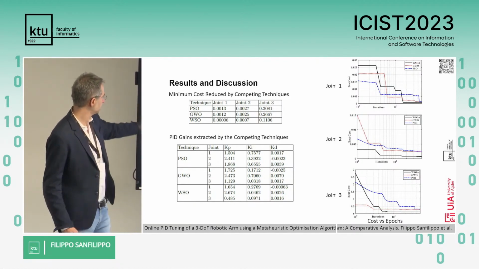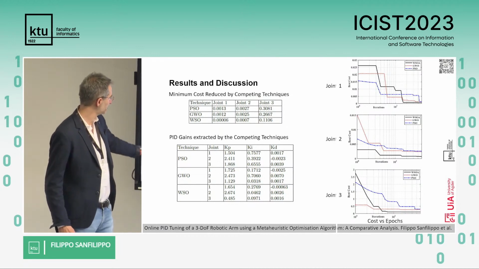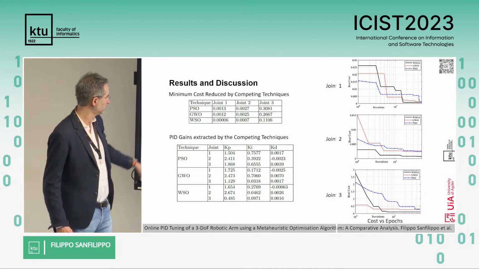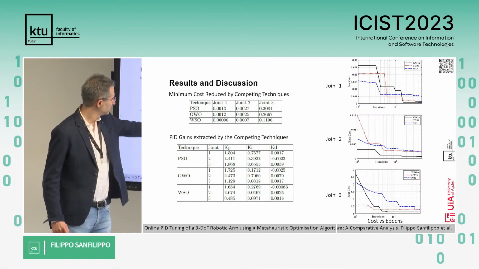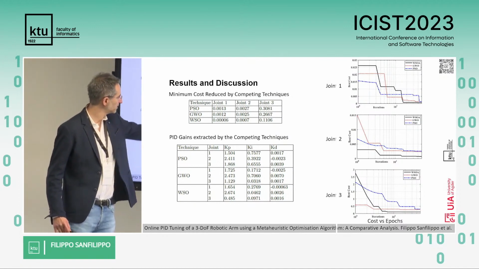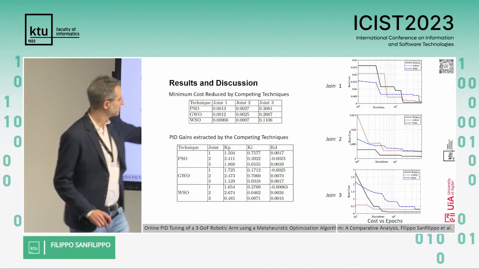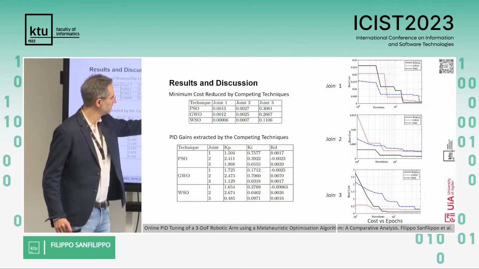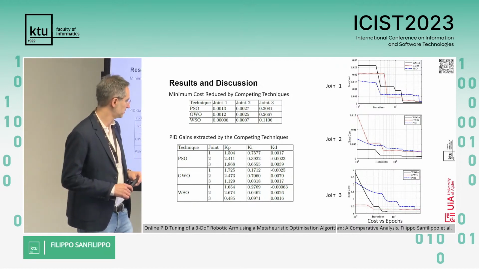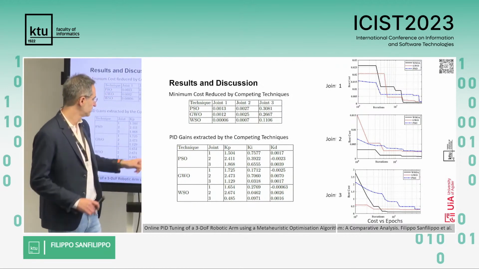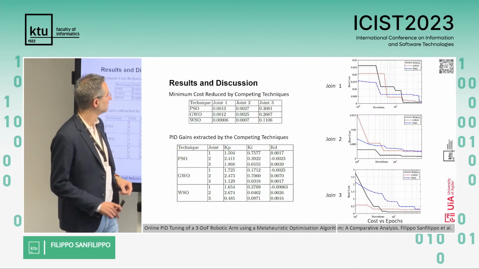These are the gains extracted from the 3 different techniques that we are analyzing. For each joint we have the proportional, integral and derivative term, and here are the same results shown from a diagram perspective, iteration after iteration.